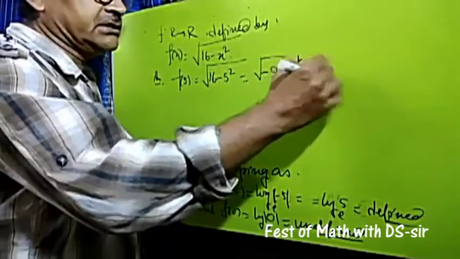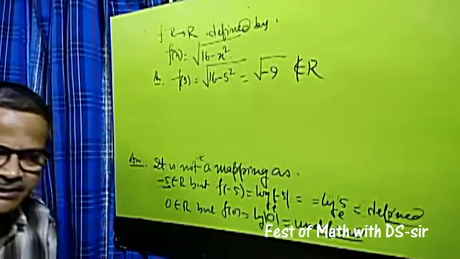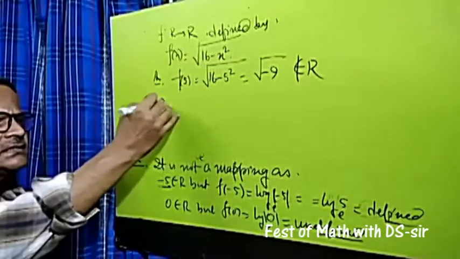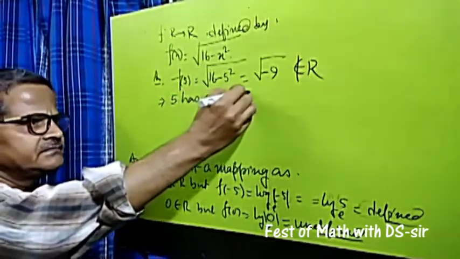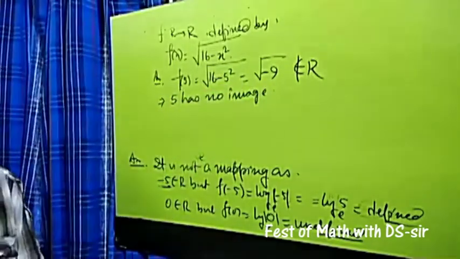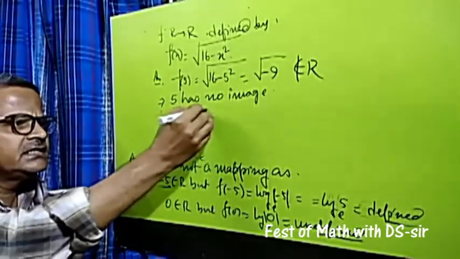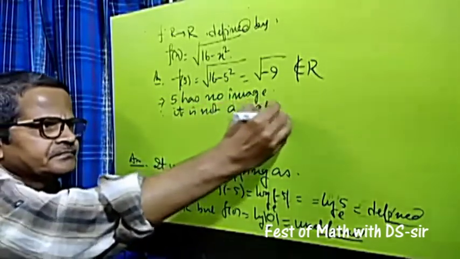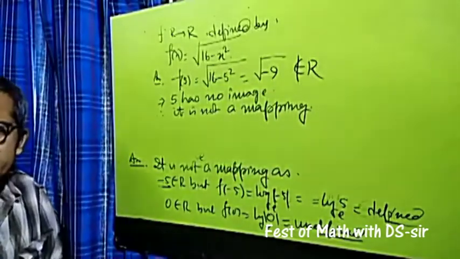Now see, this does not belong to R because root over minus 9 is a purely imaginary number. So that implies 5 has no image. Hence, it is not a mapping.